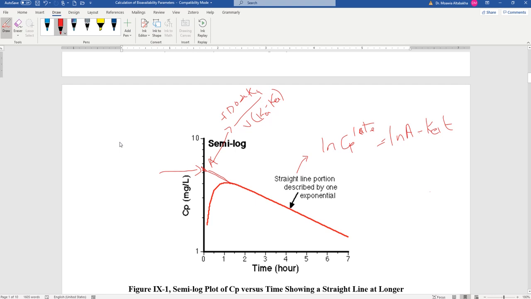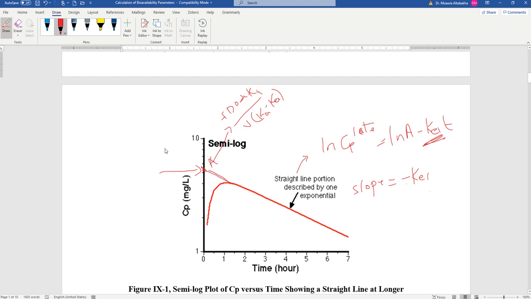So first, we can get this value. Of course, we know the dose. We still don't know the KA. And what about the KEL? The good thing is that from this straight line we can also calculate the slope, and the slope will be equal to minus KEL. I hope this is very clear to you.